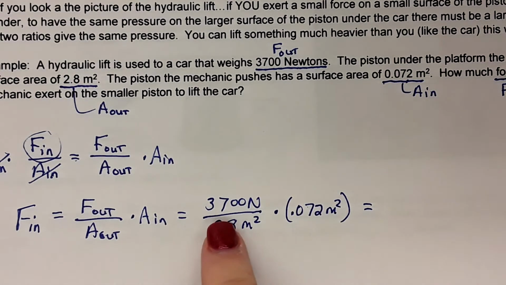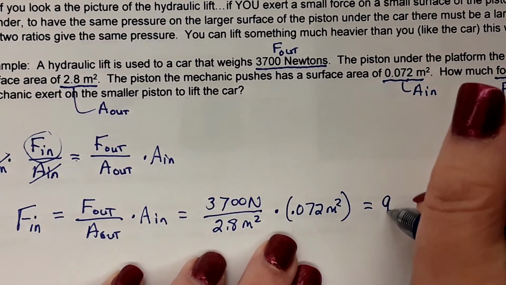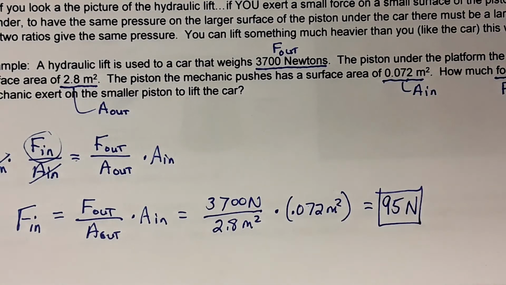So you say 3,700, divide by 2.8, and then multiply by 0.072. What do you get? You only have to exert 95 newtons of force.